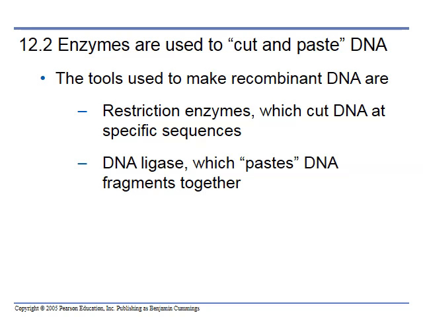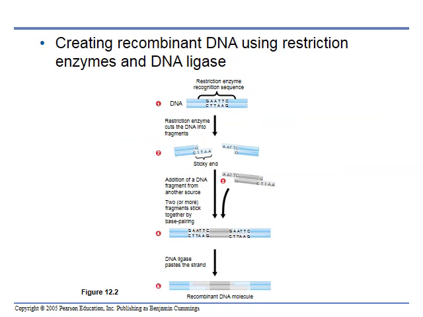We have to cut it and then literally paste in a new gene. What that looks like is this. You have a section of DNA right here that we want to cut. This is what's going to be recognized by our restriction enzyme. It's going to come here and literally cut the DNA.